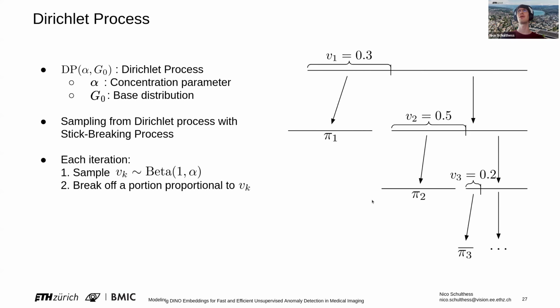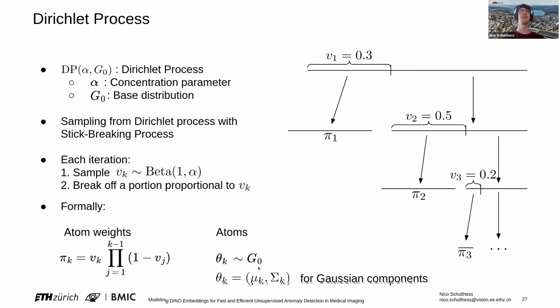And we collect all the sticks that we broke off as the pi's, which are the weights from the distribution before. So formally, the atom weights are the product of the current sample V and the product of all the previous remainders. And the atom itself is sampled from the base distribution.